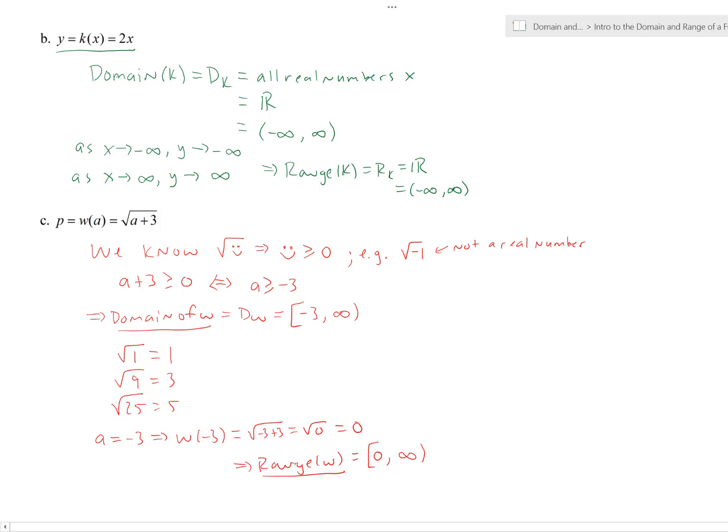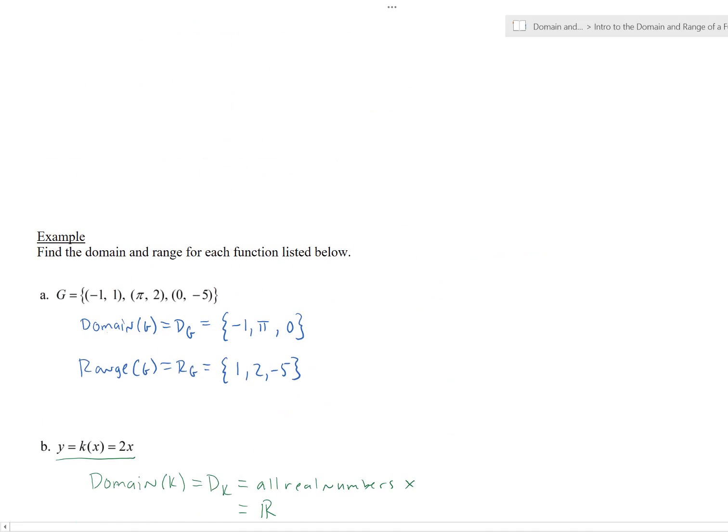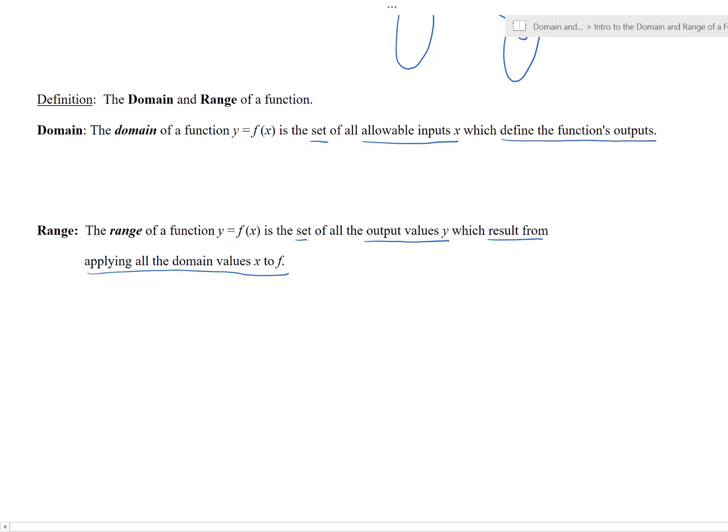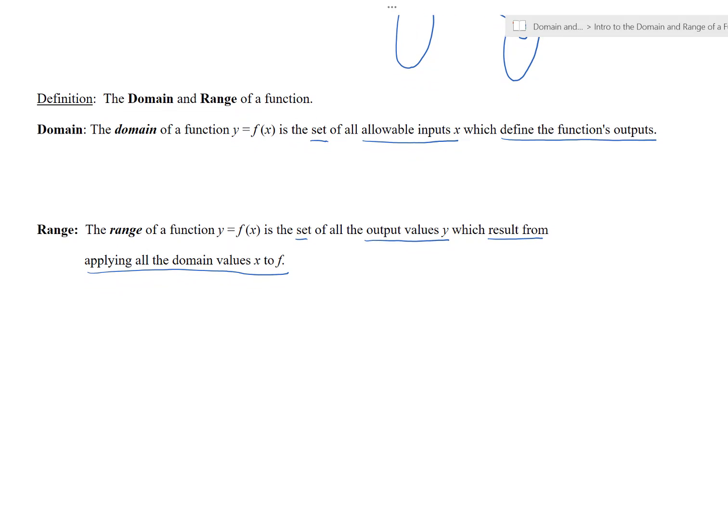So there we go. All right, so that's about it for the video. This video was on introducing the concept of domain and range. The domain is the set of all allowable inputs which define the function as an output, and the range is that corresponding collection, that set of output values that is the result from applying all of the input values.